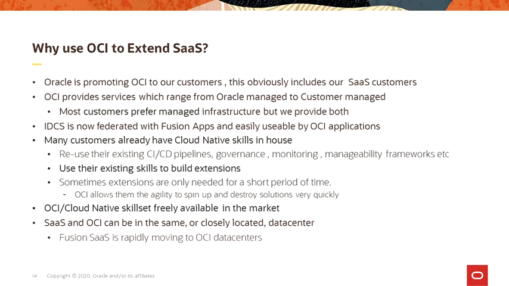Therefore, it's easy for an OCI application, be it Java, Python, OIC, whatever it might be, to reuse that identity, the single sign-on or identity propagation. So you can easily go into Fusion, punch out to an OCI application, and the OCI application can know fully well who you are, and then maybe even punch back into Fusion and execute a query in Fusion, a REST call, as the person that was in OCI.